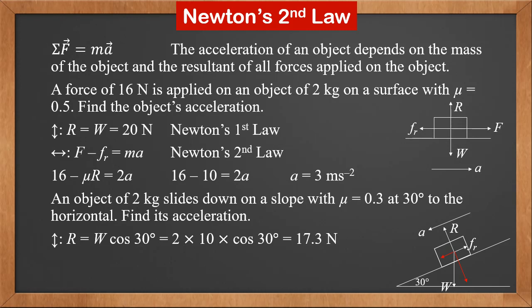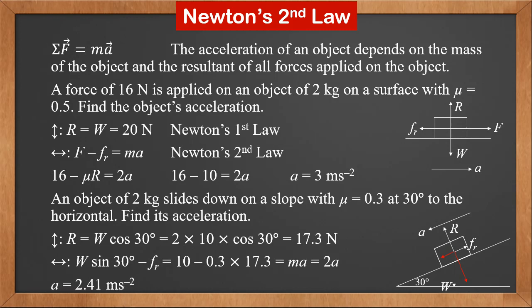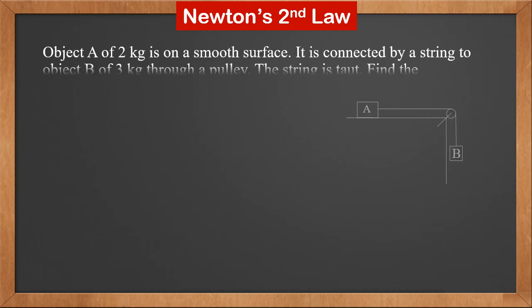So R equals W cosine 30 degrees, which is 17.3 Newton. Along the slope, using Newton's second law of motion, we have W sine 30 degrees minus friction is ma. Friction is mu R. Mass is 2. Therefore, a is 2.41 meters per second squared. It points down the slope, in the same direction as the resultant.